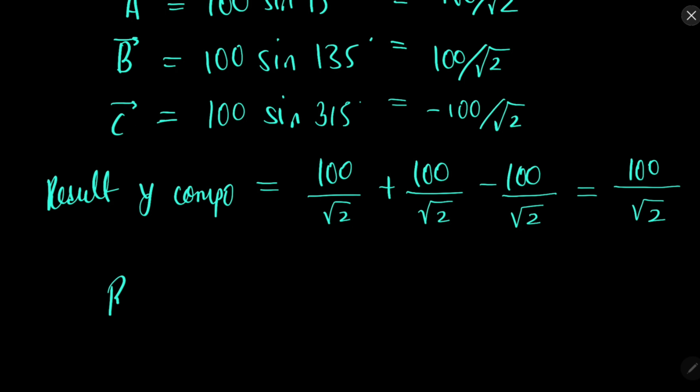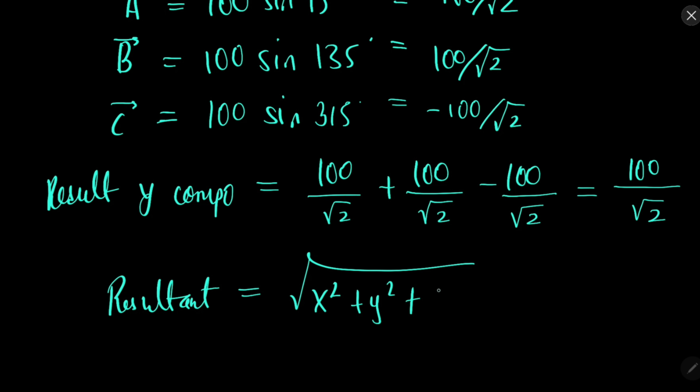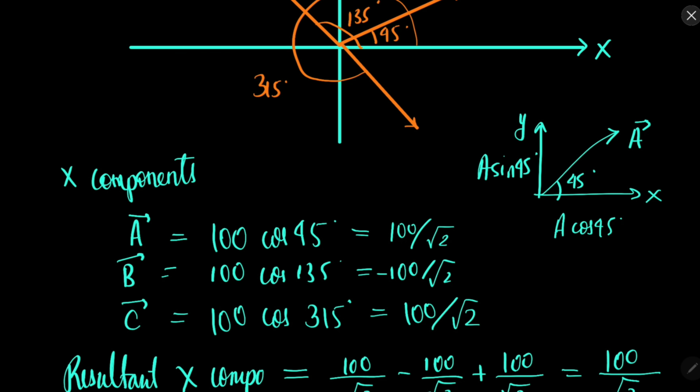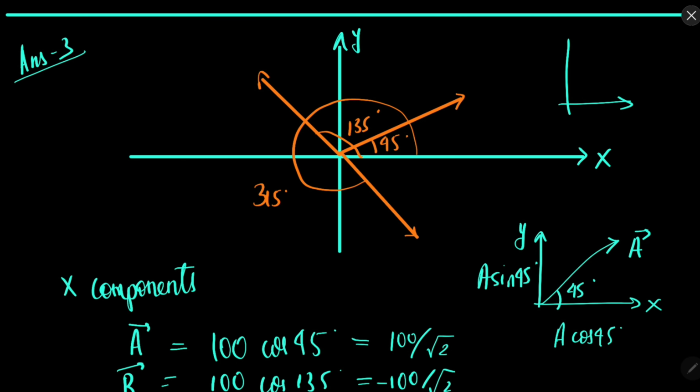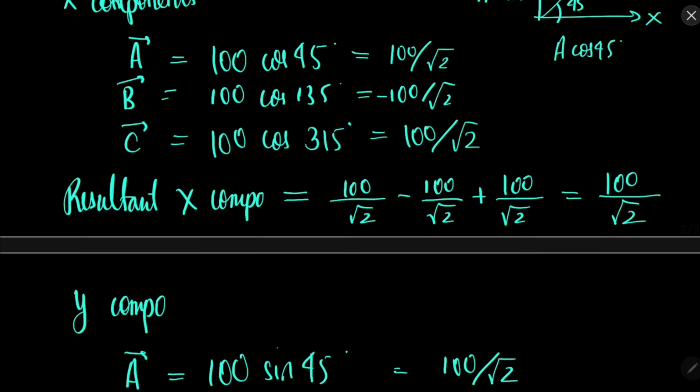So the resultant will be root of x square plus y square plus 2xy cos theta. Now we know that theta will be 90 degrees for x and y. See here, x and y are perpendicular to each other, so 90 degrees.